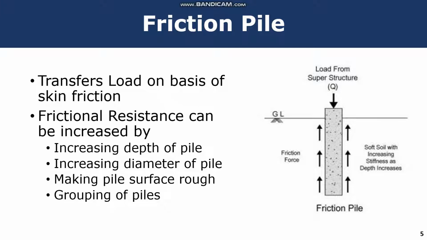We can increase this skin friction by increasing the depth of the pile, by increasing the diameter, and by making the pile surface more rough. By utilizing all these aspects we are increasing the coefficient of friction, and that will increase the friction of this pile with the surrounding earth. We can also group these piles to increase their load carrying capacity.